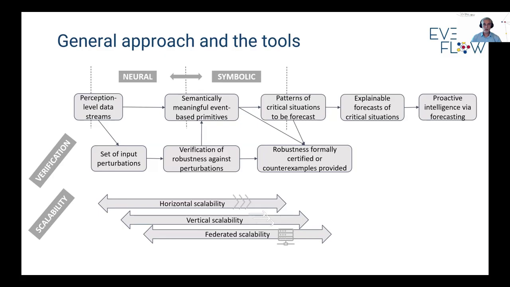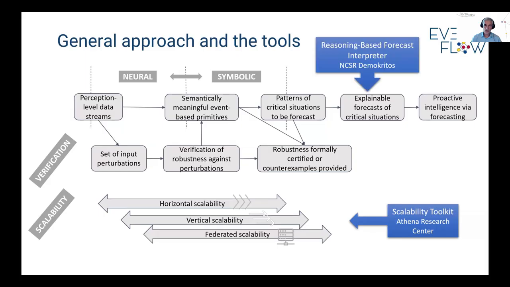Okay. So the tools you are going to see today implement the challenges that you see in this slide. The first tool is the Scalability Toolkit, which is led by Athena Research Center, and Nikos Giatrakos will be the first speaker today doing this presentation. We have then the reasoning-based forecast interpreter, which will show the main neurosymbolic pipeline.